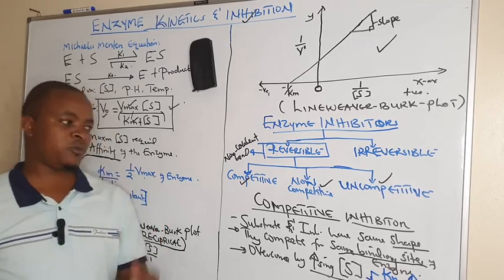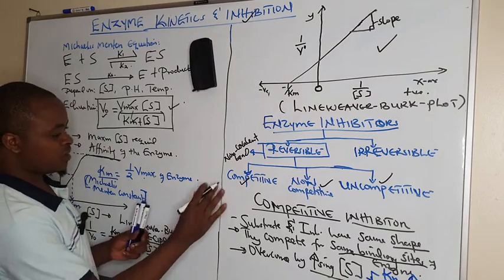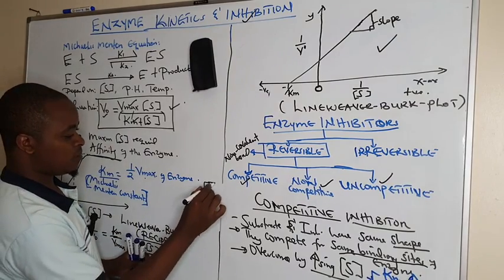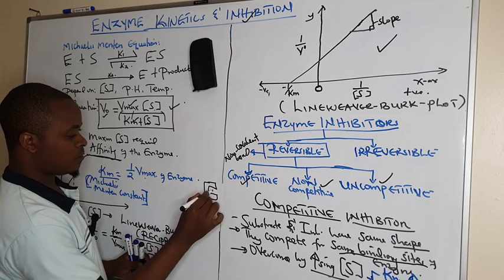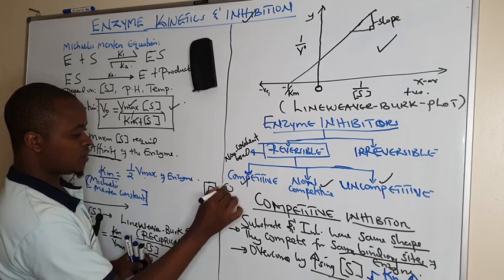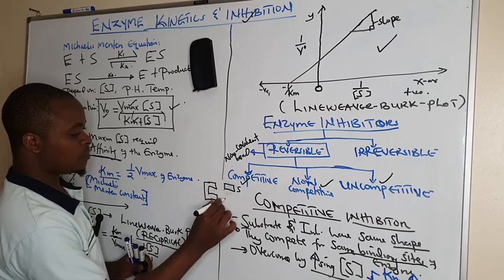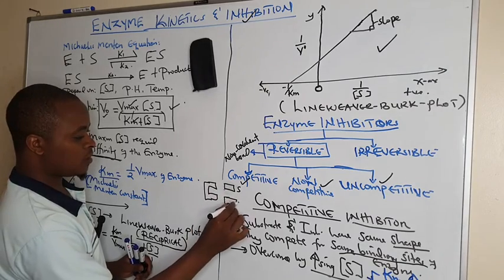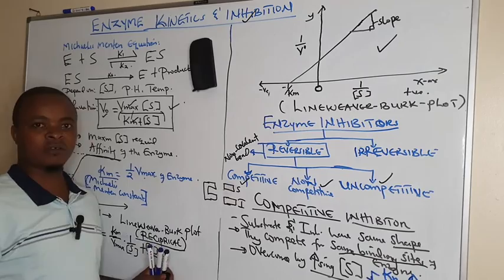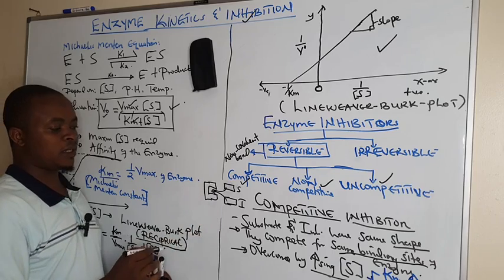That is what we can talk about under competitive inhibition. And what can you capture? We are saying under competitive inhibition, if I can illustrate it here, if I have this as the enzyme, then this is the substrate. So the substrate and the inhibitor have the same configuration, so they compete for the same binding site.